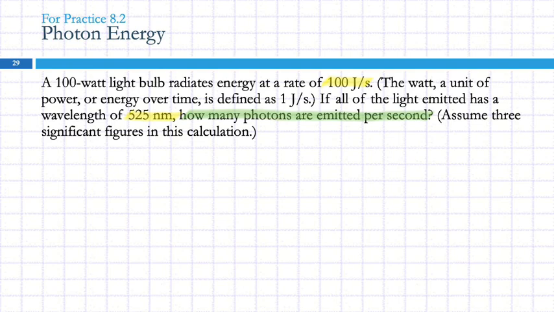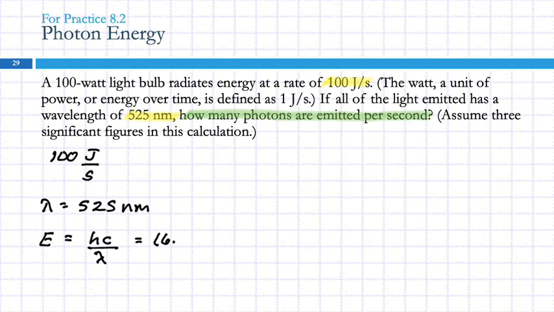Well, we've got 100 joules per second, and we have a wavelength that's 525 nanometers. We could figure out what the energy of each photon is in joules. So that's using the equation hc over lambda.